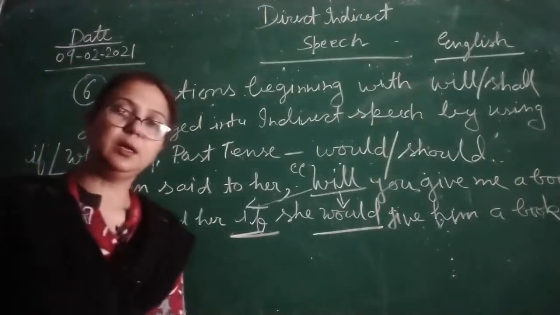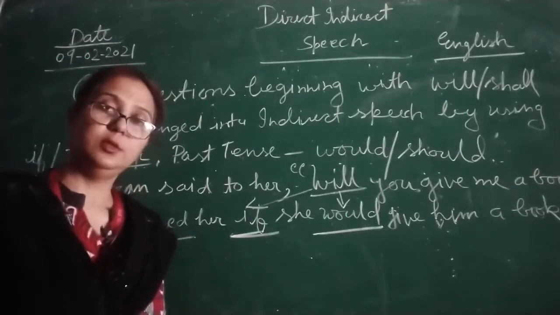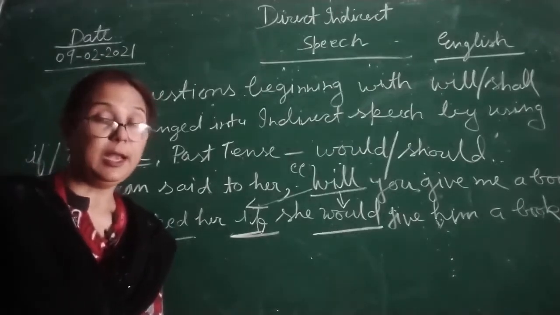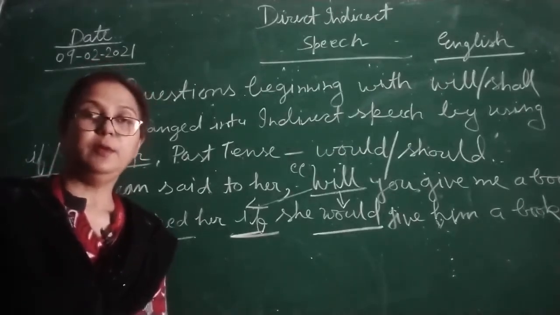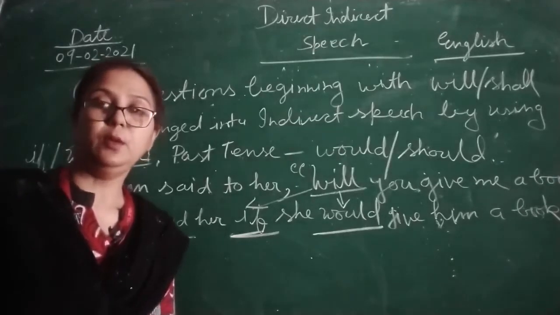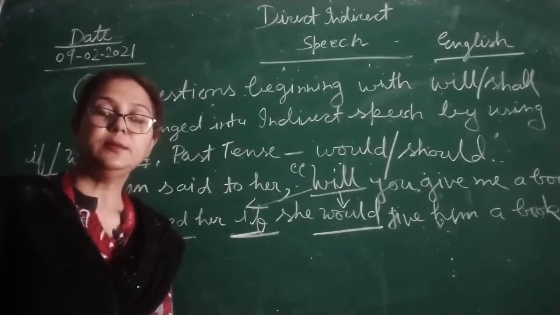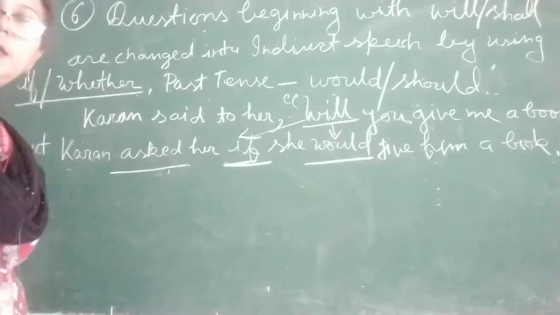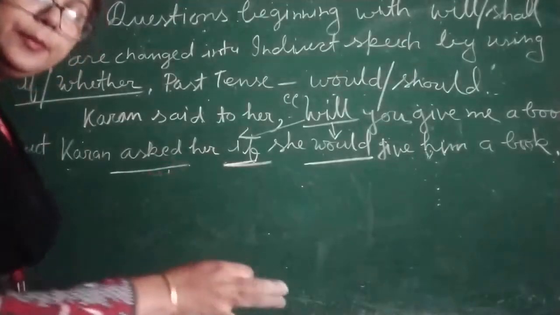We will continue this same topic tomorrow also, because lots of things are left. So tomorrow we will be continuing the same topic. Okay children? So revise it and complete it. Now I will give you one more example for that.